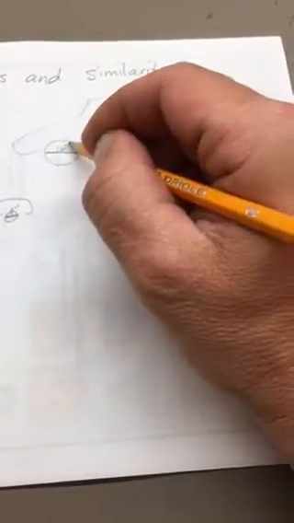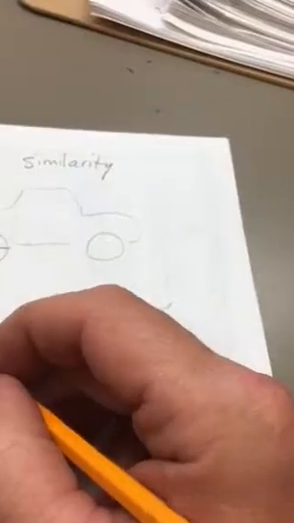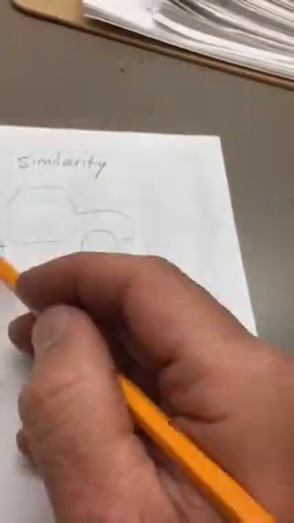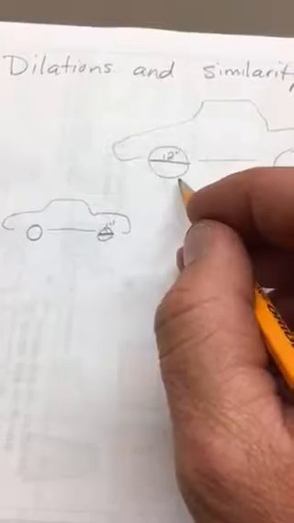I know it's going to be a lot bigger than that. I'd have like dub deuces on this sucker. But anyway, just to make it real simple, 1 inch and 12 inches, that means the scale factor is 12, okay? Because you're multiplying every length here on the small model times 12.